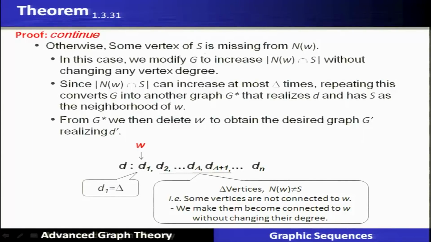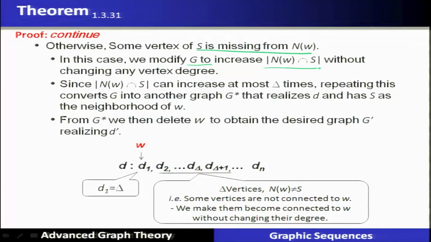where some vertex of S is missing from N(W), then in that case we have to modify this particular G, and we will increase the size of N(W) intersection S without changing any vertex degrees. So this N(W) intersection S can increase at most delta times.